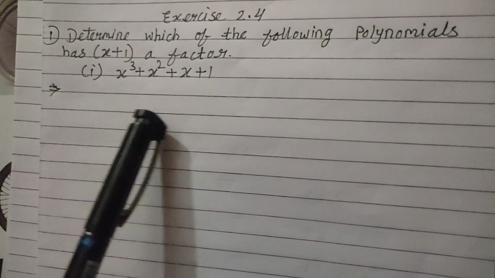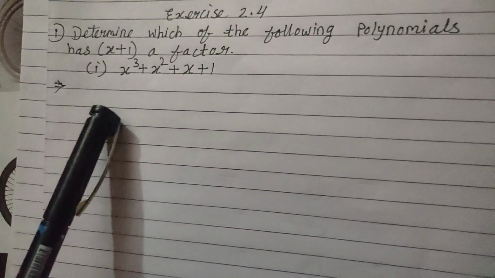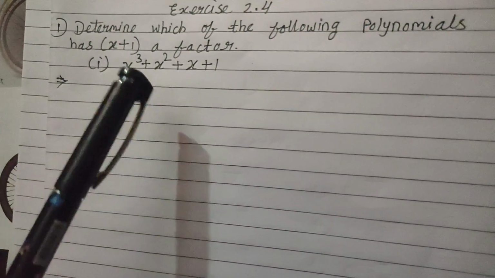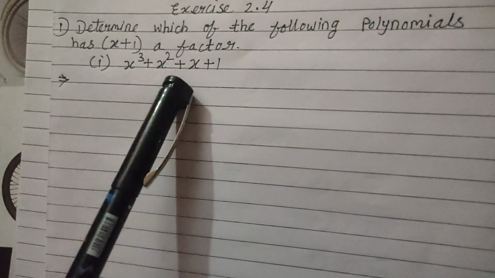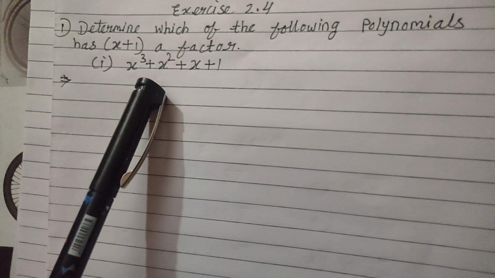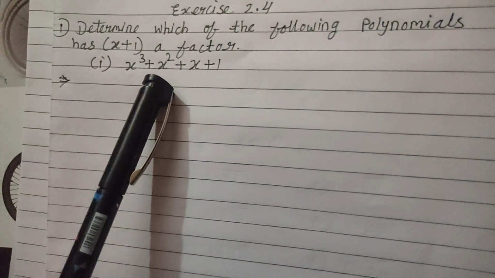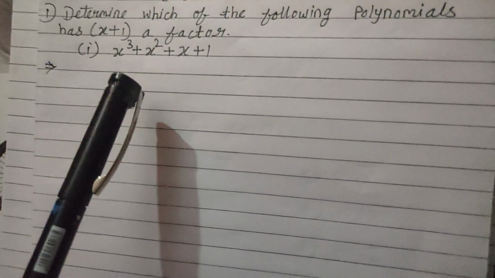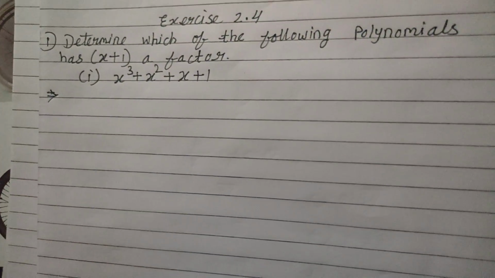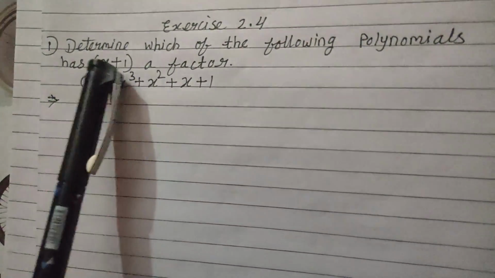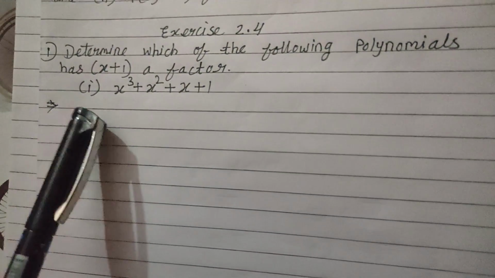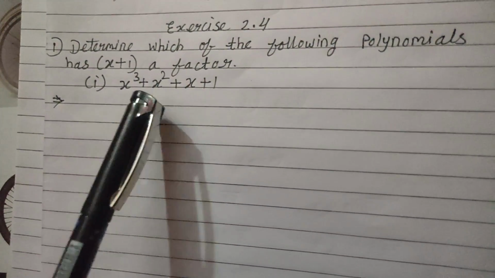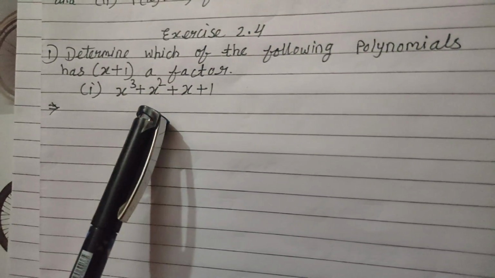We equate x plus 1 with 0, find the x value, and put it in this polynomial. If the answer comes 0, then x plus 1 is a factor. If not, then it is not a factor. So remember, to find a factor, after putting the value of x, the polynomial value should be 0 and only 0.